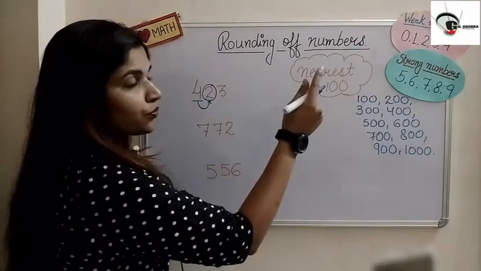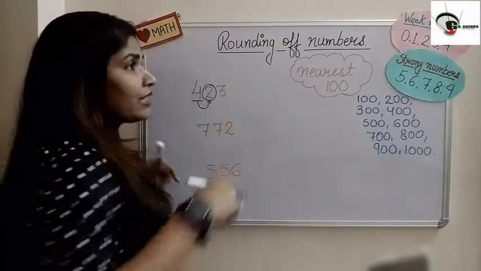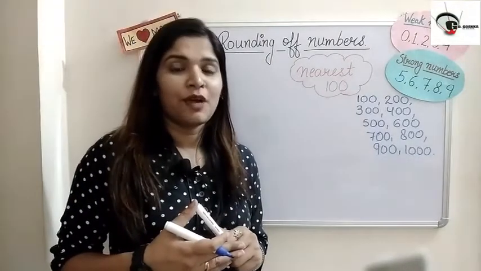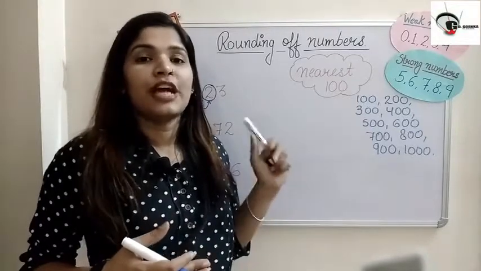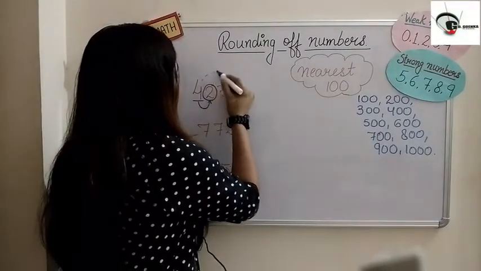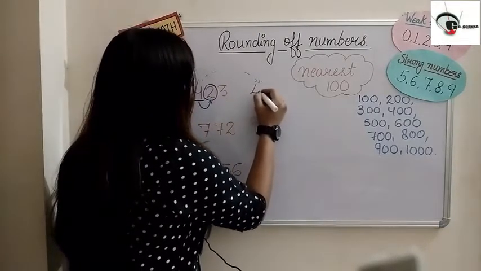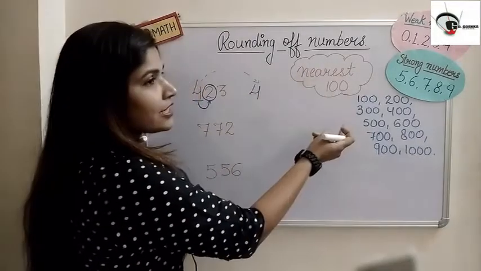2 is a weak number, very good. We know that a weak number is not powerful enough to push the number to the next value. So this number 4 is going to remain 4 itself, and we are rounding to the nearest 100.